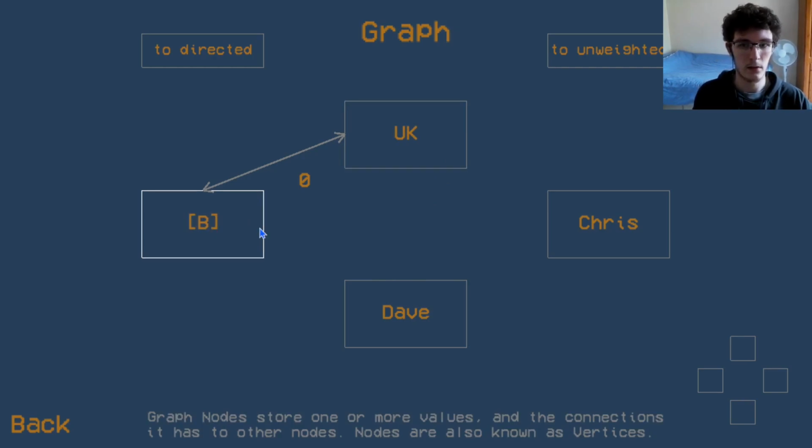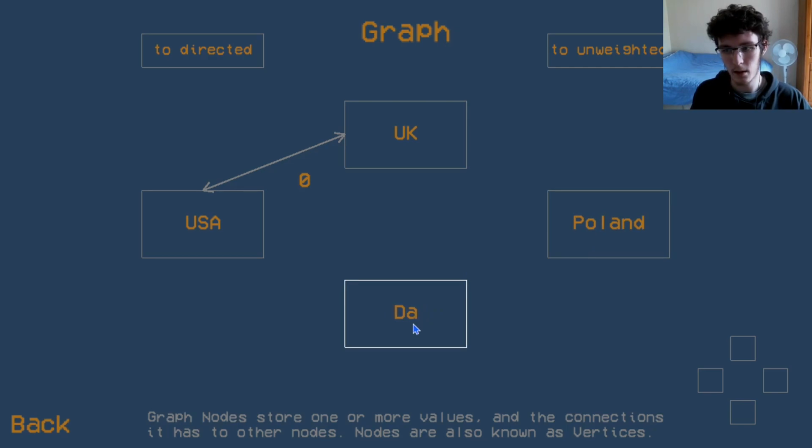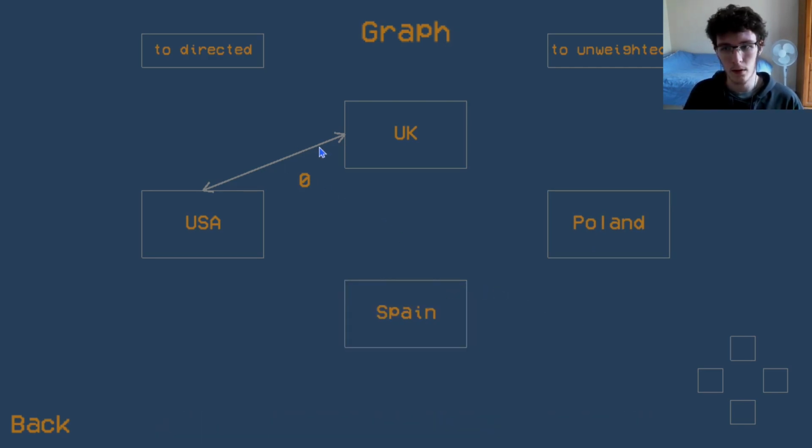We can have the United States of America. We can have maybe Poland. And we can have Spain. Now, the physical distance between the UK and the USA, I think, is approximately 7,000 kilometers.